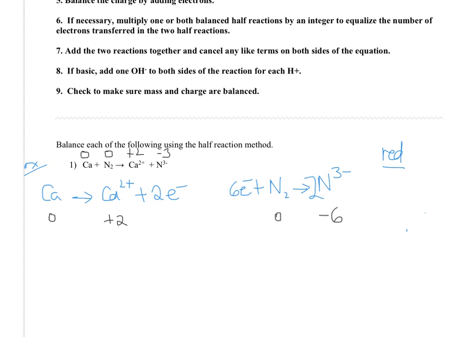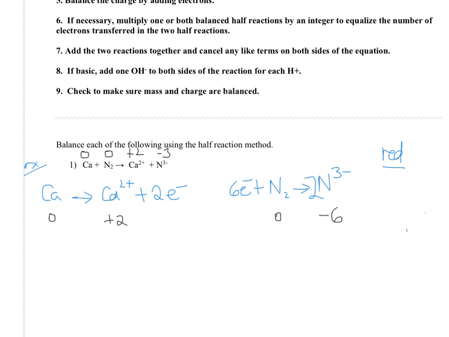Reduction is gain of electrons, so it's always going to be on the reactant side. But even if you didn't assign oxidation or reduction, you should always have one in the products, one in the reactants. If you are adding the electrons in both reactions to the reactants or both to the products, that means you've done something wrong, so go back and check your work.